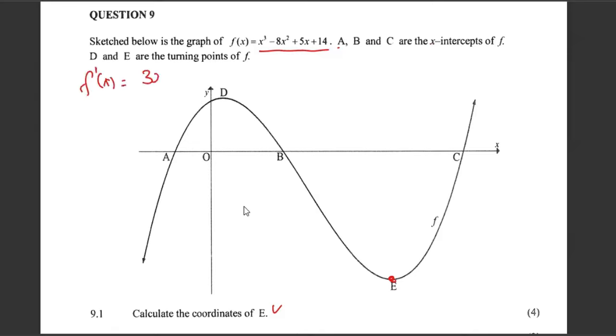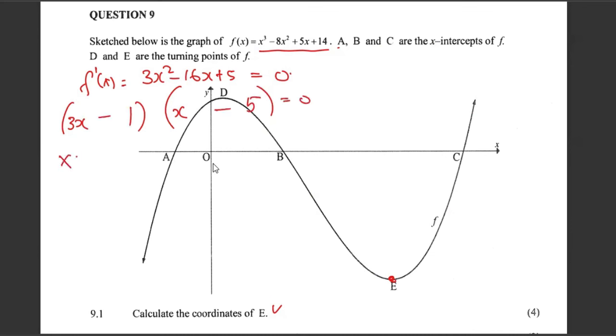So that's going to be 3x squared minus 16x plus 5 equals 0. When I use my brackets, we have 3x and x. For us to get 5, it's just going to be 5 and 1. Let's use negatives everywhere. So meaning that x can be 1 over 3, or x can be 5.